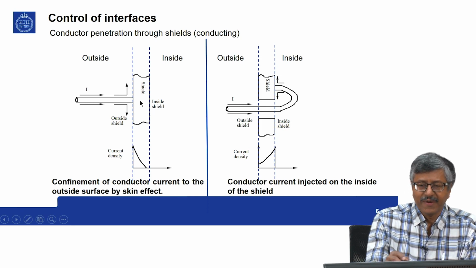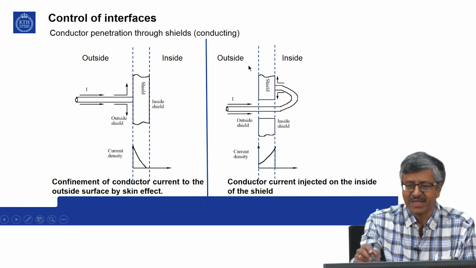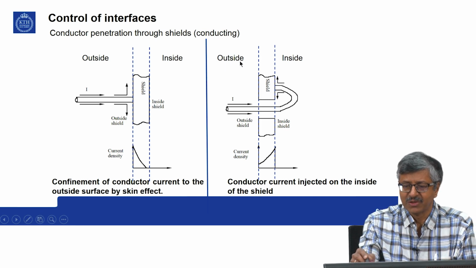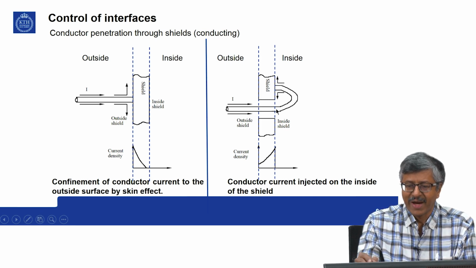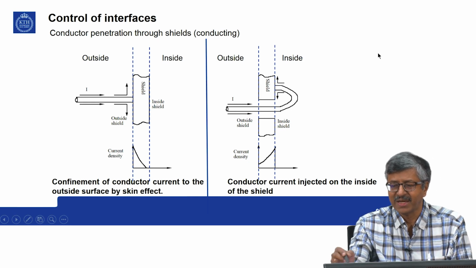But if you have a hole and you are taking a conductor through the hole, this is the outside of the shield and this is the inside. This is one zone and this is another zone. Now you are violating the zoning principle, because you are taking a conductor inside and connecting it here. All the currents can come inside this zone boundary and radiate further.